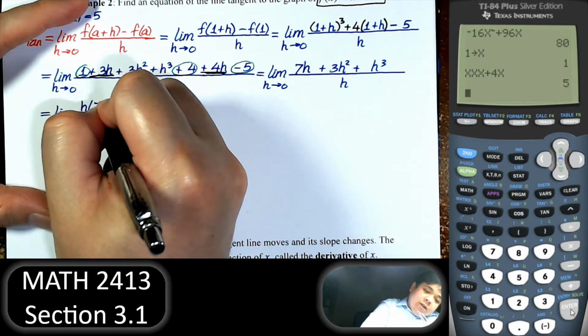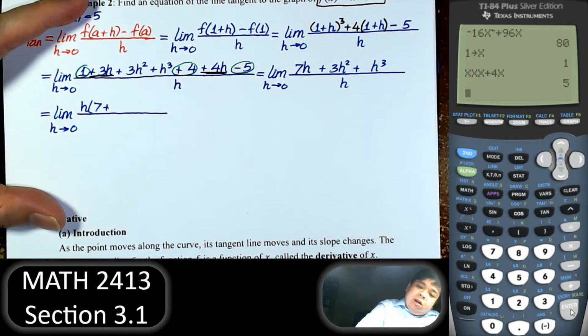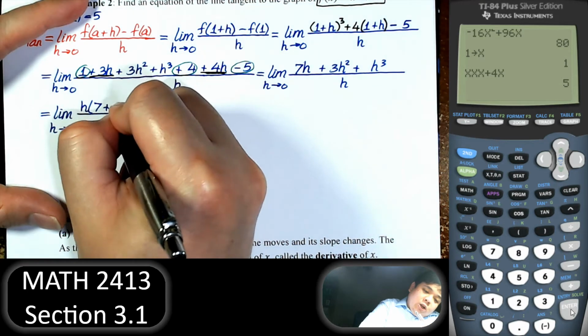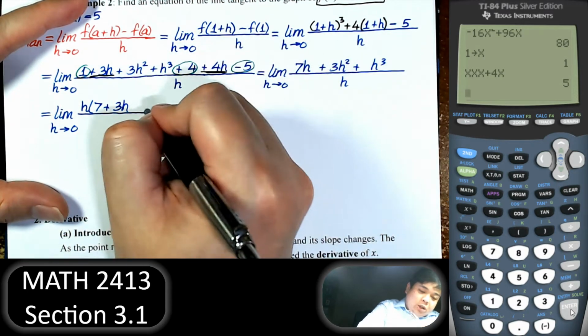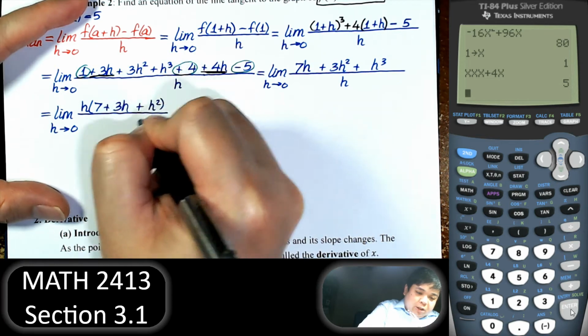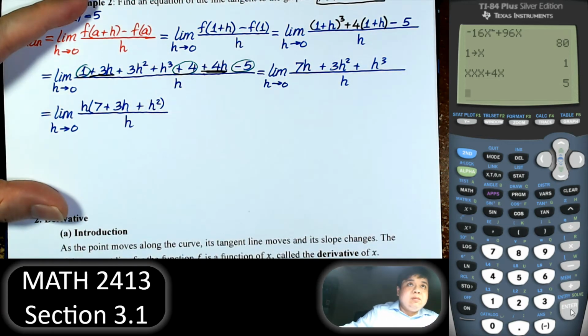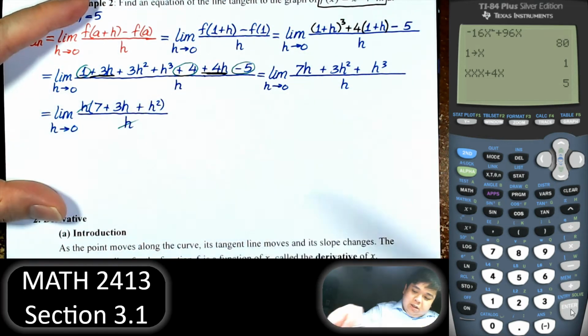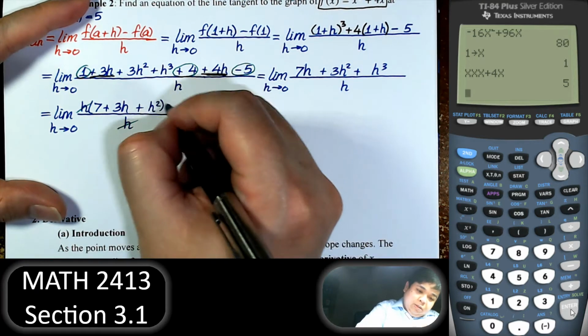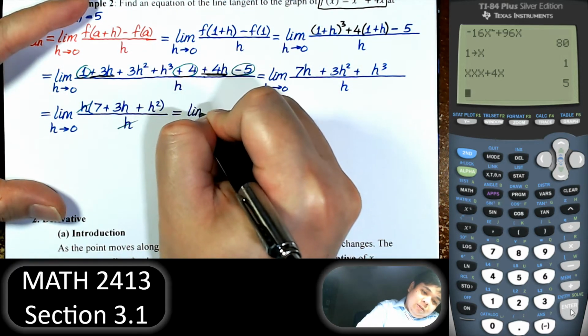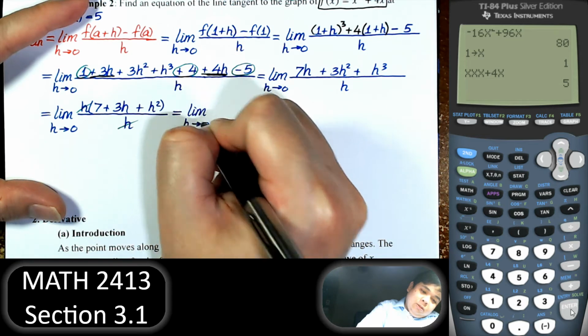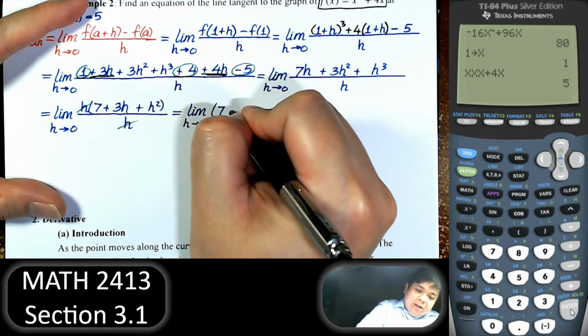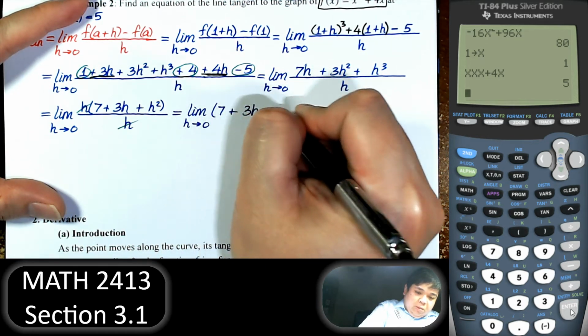And we have 7 plus 3h plus h squared, with the 1 over h cancelling out. So we have 7 plus 3h plus h squared.